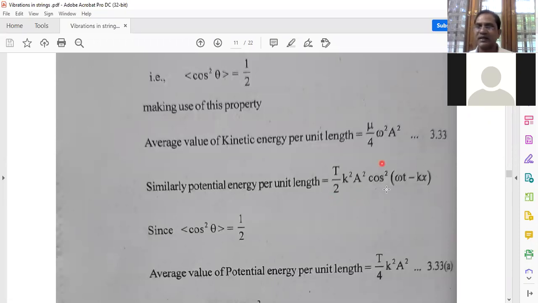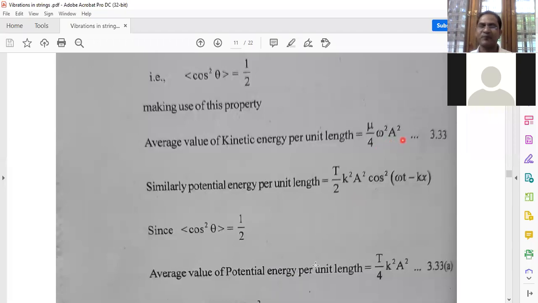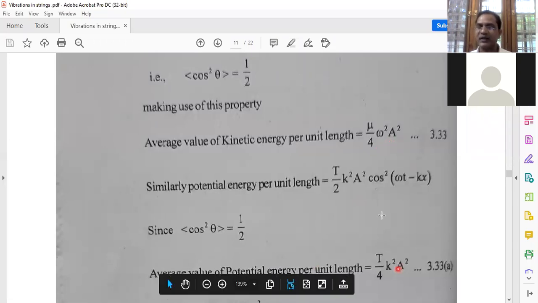Again the average value of cos² is 1/2, so you get T/4 k²a². So the average kinetic energy per unit length is μ/4 ω²a², and the average potential energy per unit length is T/4 k²a².